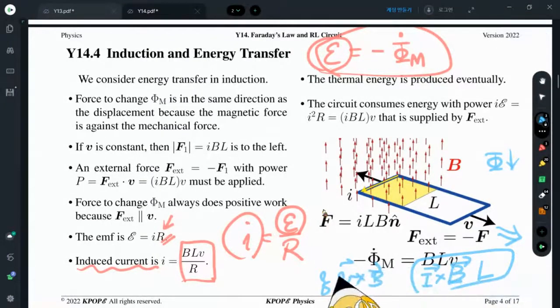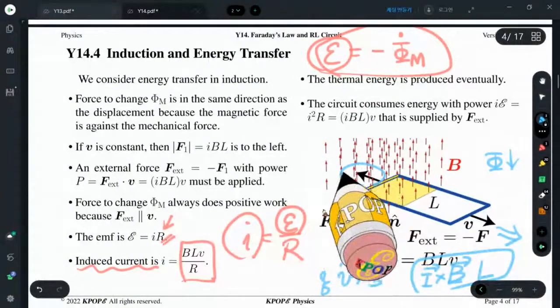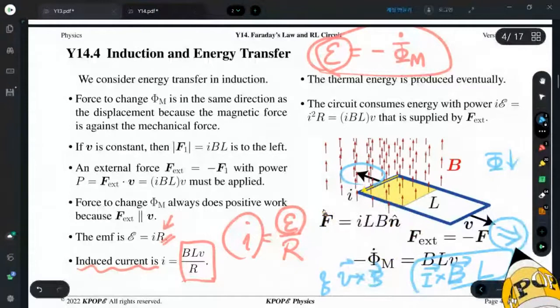ILB is nothing but the QVB. The force is along this direction, backward to your applied external force.